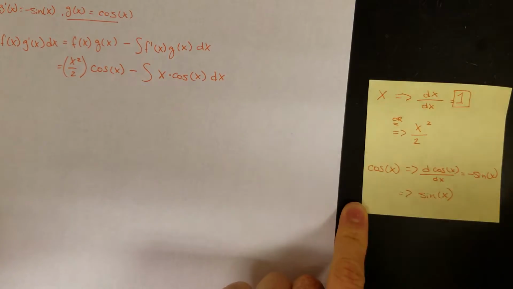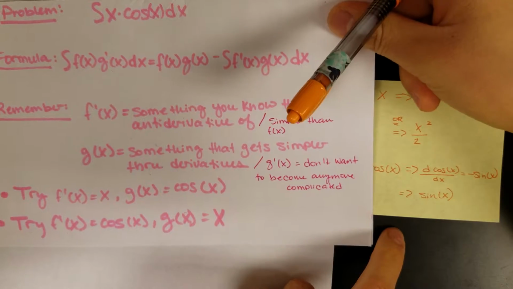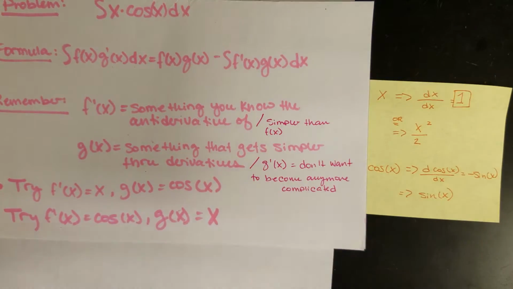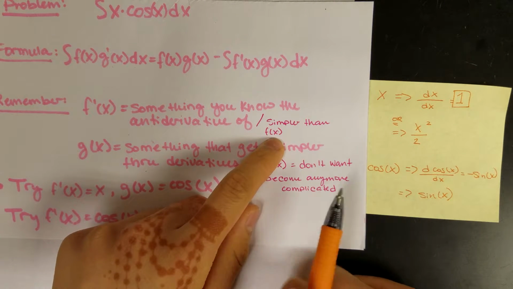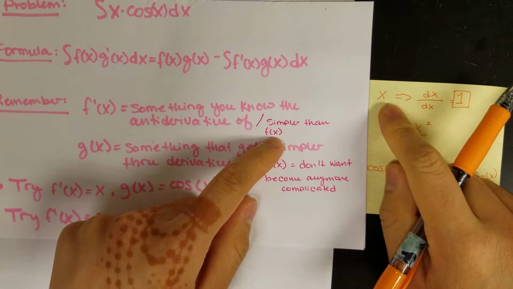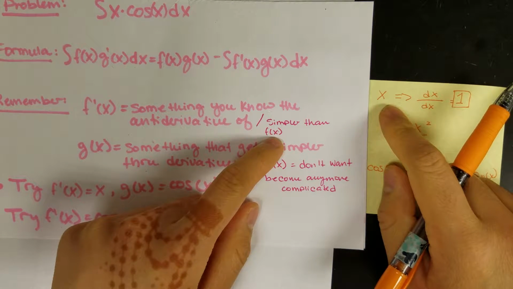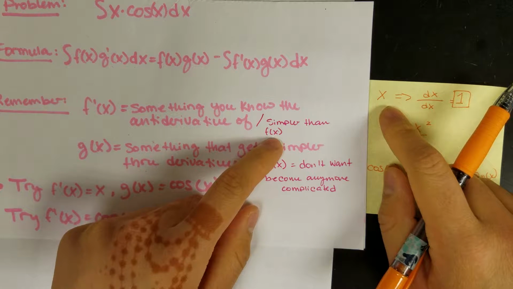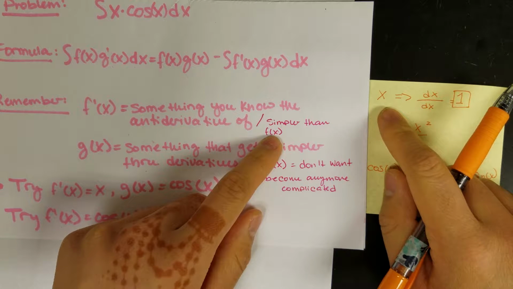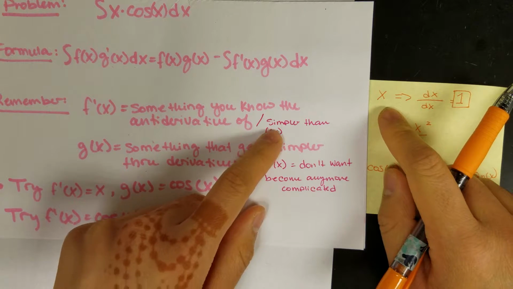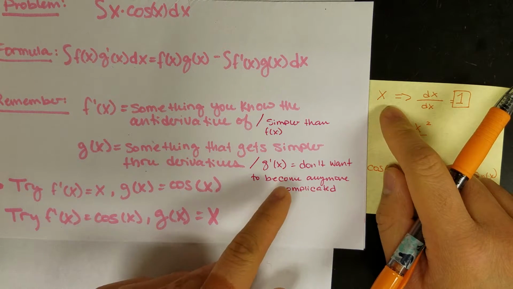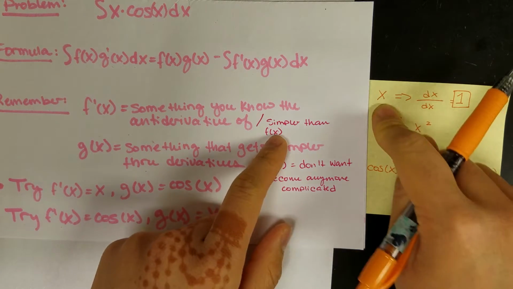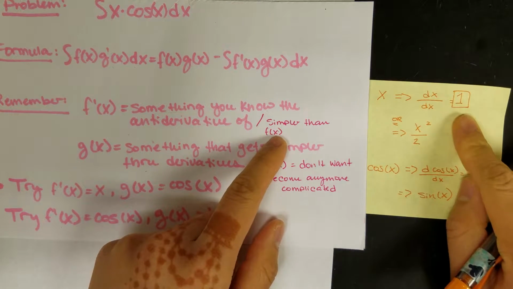And if you notice, negative sine of x and sine of x aren't necessarily any more complicated or simpler than cosine of x. So if we look at our guidelines, we would probably want f of x to be equal to x, because when you find the derivative, f prime ends up being a lot simpler. If f of x is x, the derivative would be 1.